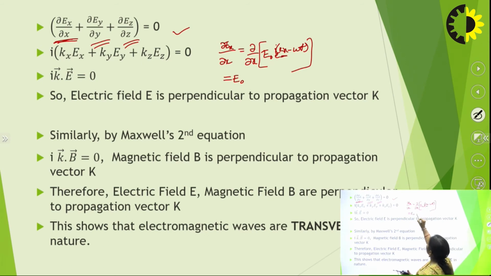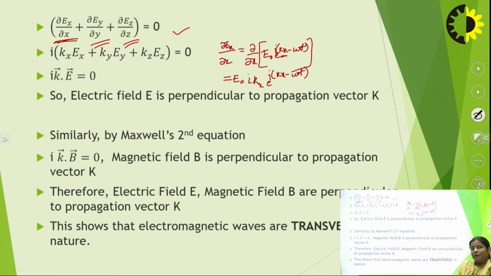We are having this i, we are having this kx part, where x represents the x component, so that is why we write x here. And then we will have e to the power i(kx·x minus ωt), this part.